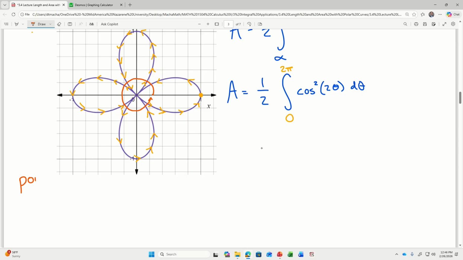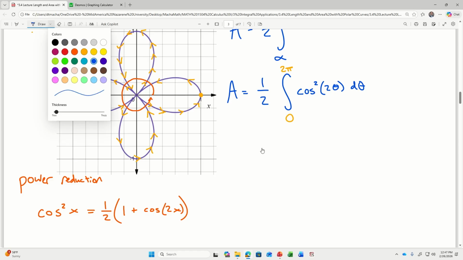Give you a hint. There's a power reduction identity for cosine squared, and it goes like cosine squared x is equal to 1/2 (1 plus cosine 2 theta), or 2x in this case. And so I don't just have cosine of x, I have cosine of 2 theta.